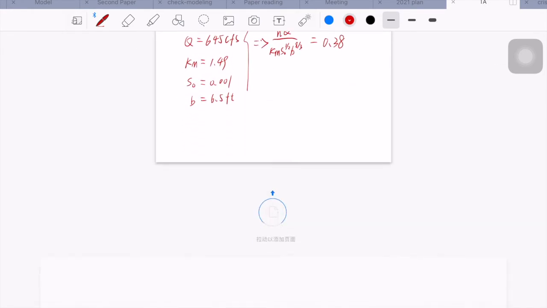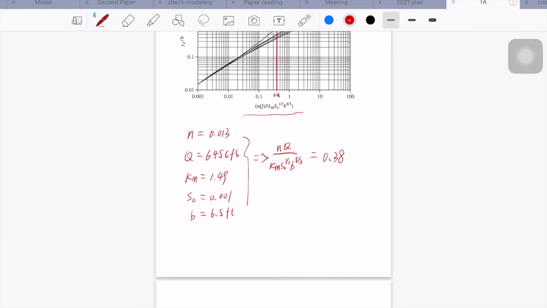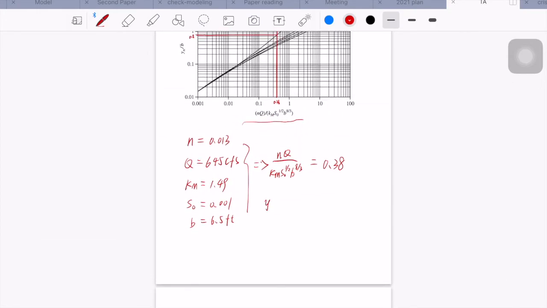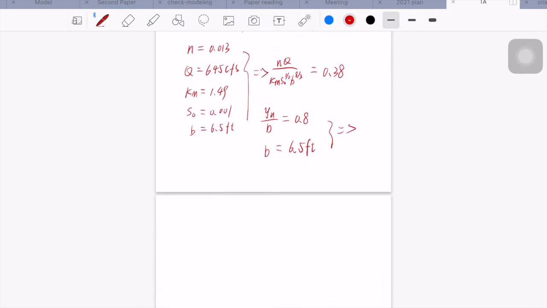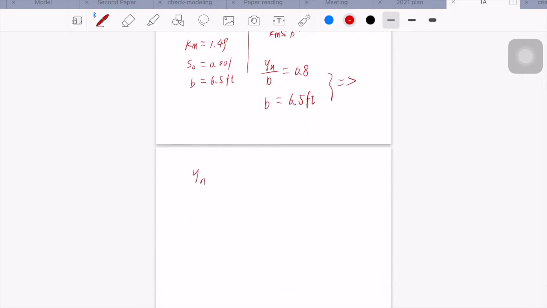yn over b is equal to 0.8, and we know b equals 6.5 feet for this problem, so we can determine that yn, the normal depth, equals 5.2 feet for this problem.